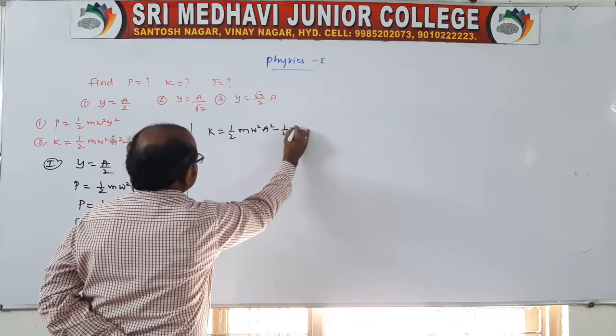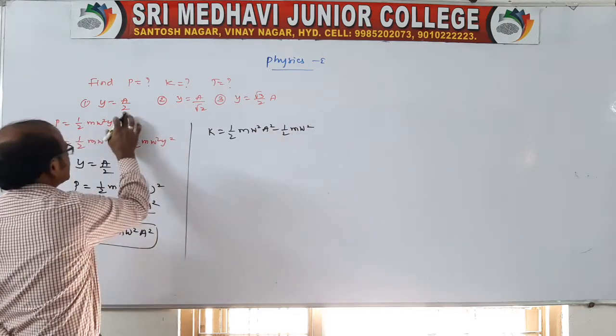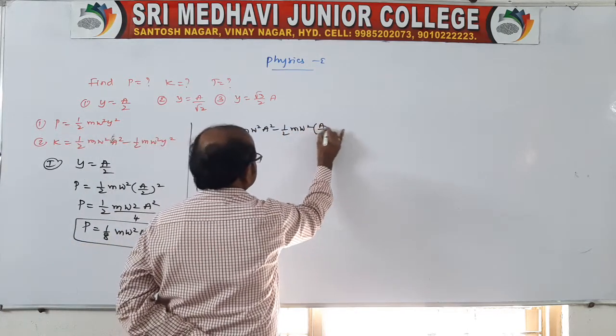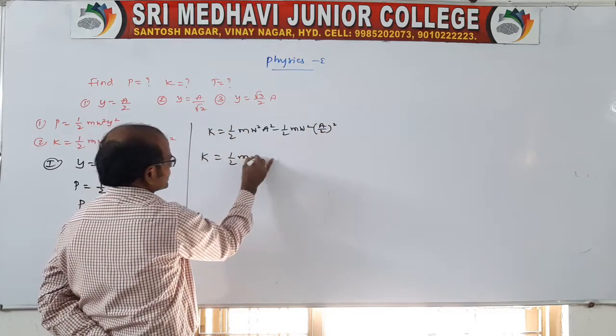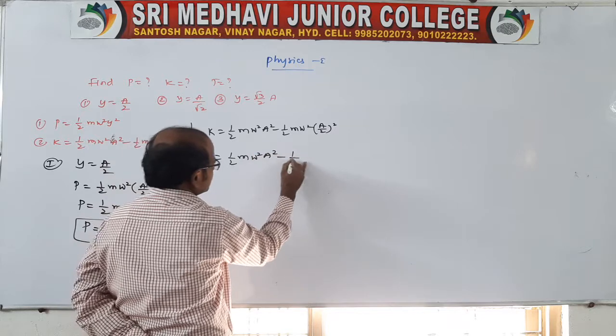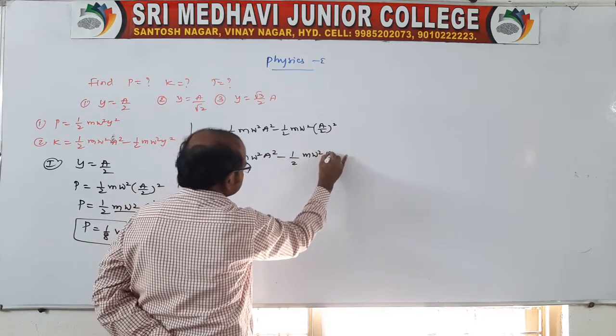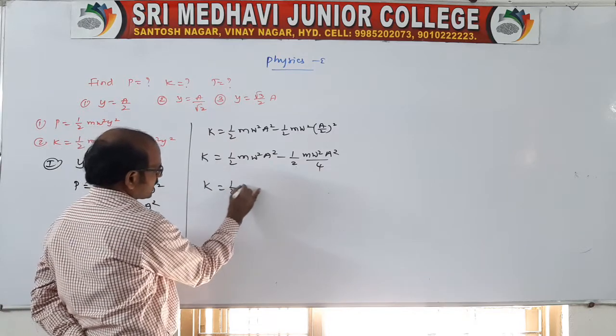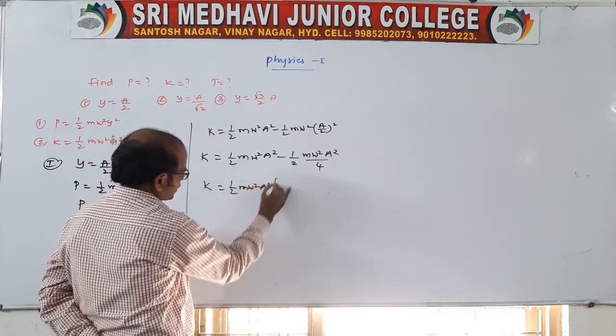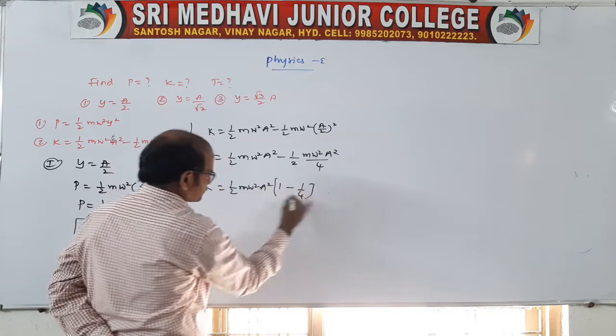Now the second, kinetic energy is equal to half m omega square a square minus half m omega square, y will be a by 2, whole square. So kinetic energy is half m omega square a square minus half m omega square a square by 4. Here take half m omega square a square common, 1 minus 1 by 4, which is 3 by 4.